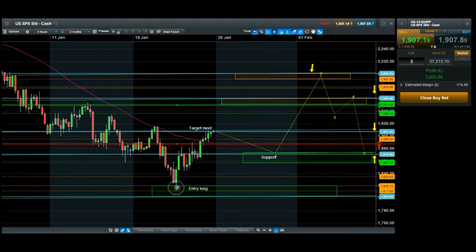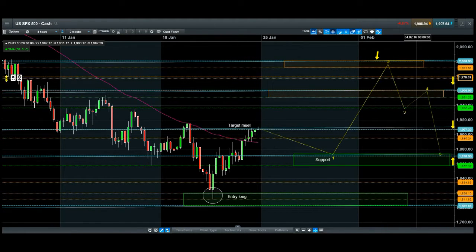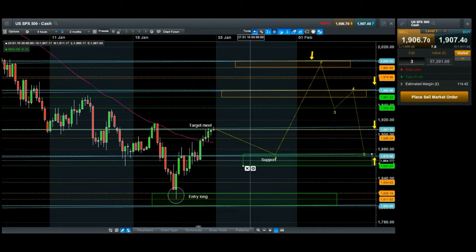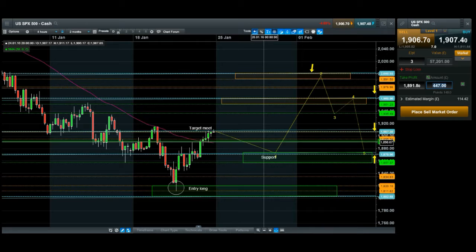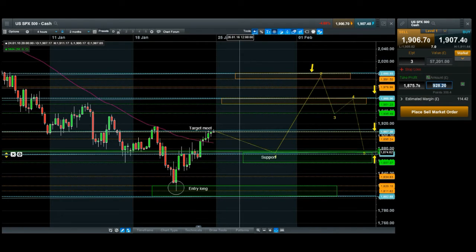Gonna close the trade, take my profit here, and then I'm gonna set up a sell trade. And my profit take for this sell trade will be at this level.